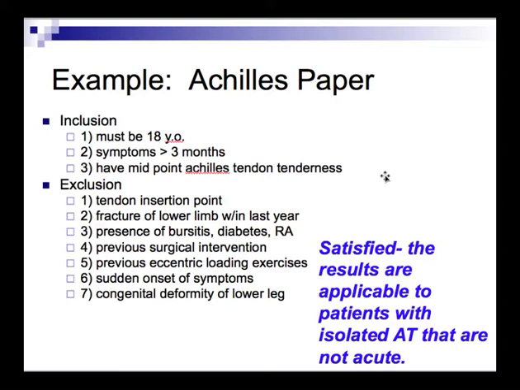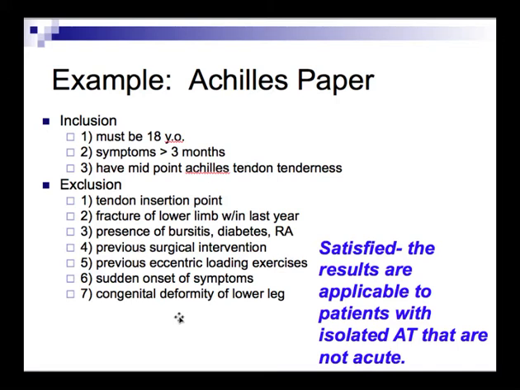There's another form of it that's at the insertion, and that's different because it affects different people. The runners don't typically get it, and it's associated with some bony abnormalities on the calcaneus. And so essentially these are all important characteristics, and suggests that we should only apply it to this patient group.